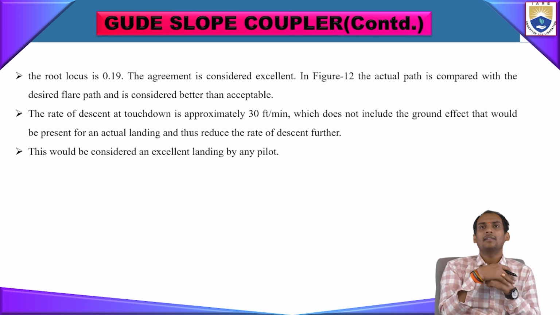If you see the results compared with each other, the rate of descent at touchdown will generally be 30 feet per minute. It has to be maintained. This does not include the ground effect that would be present for an actual landing, and thus reduces the rate of descent further. That means the ground effect is not considered here.